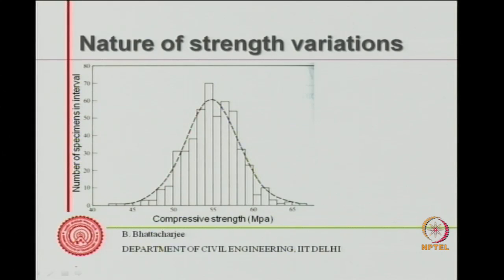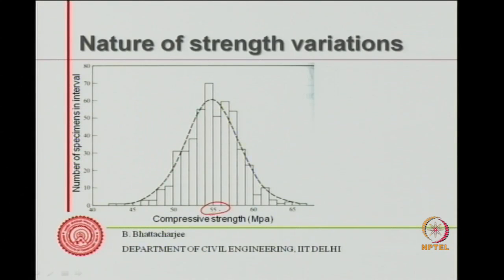Now let's understand the procedure. To understand the procedure, first thing I must understand is the nature of variation of concrete strength. Supposing I decided that it should have some kind of a mean strength at 28 days age of, let us say, 55 or so.